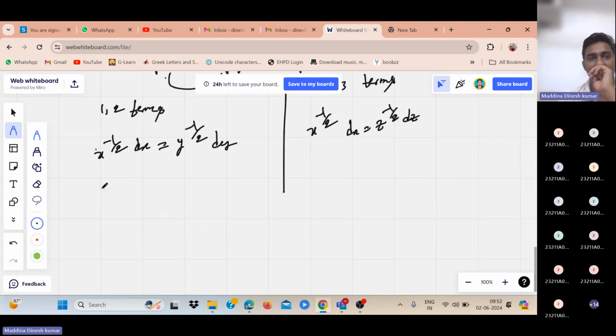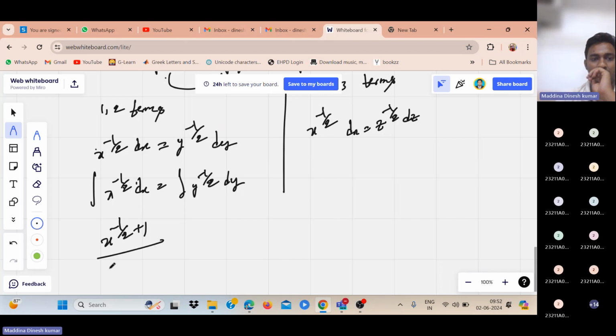So applying integration, here you will get x to the power of minus 1/2 dx, integral y to the power of minus 1/2 dy. Here you will get that it is the formula for x to the power of n. Then you will get x to the power of minus 1/2 plus 1 over minus 1/2 plus 1 equal to y to the power of minus 1/2 plus 1 over minus 1/2 plus 1 plus a constant, I am writing as a.